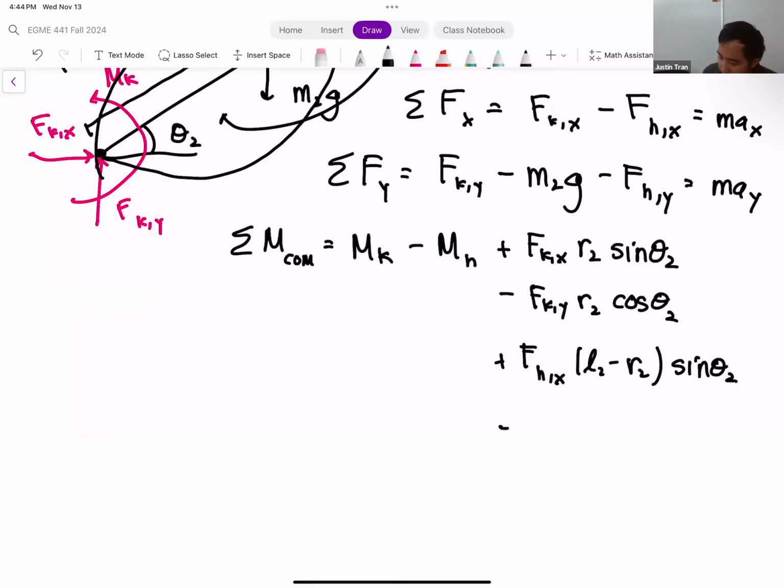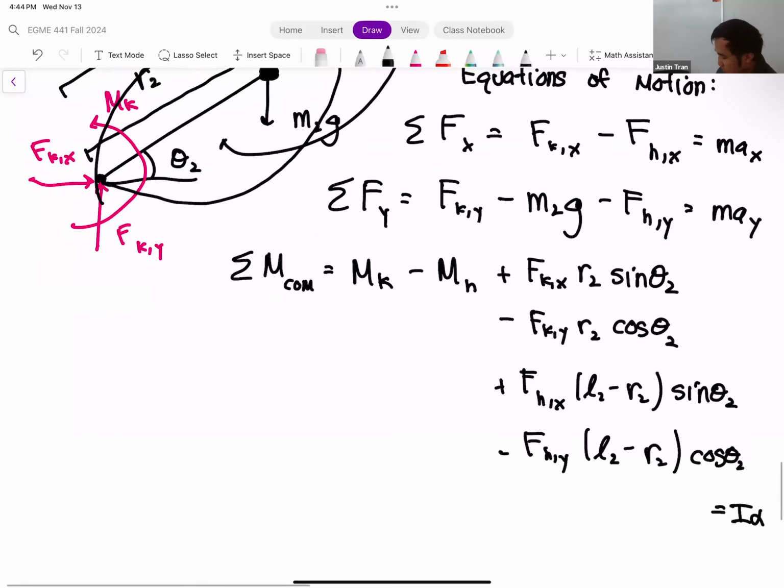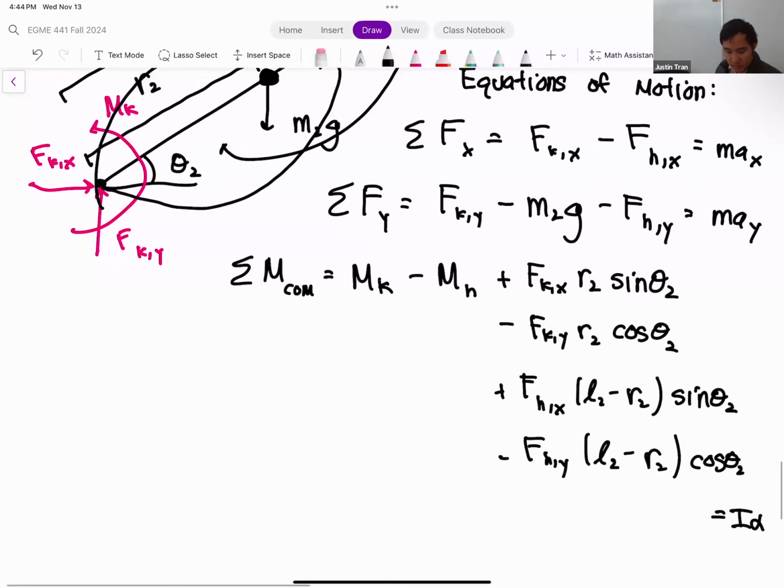And then we have the contribution from FHY. So we have a minus FHY multiplied by L2 minus R2 cosine theta 2. And this entire quantity here is equal to I times alpha.